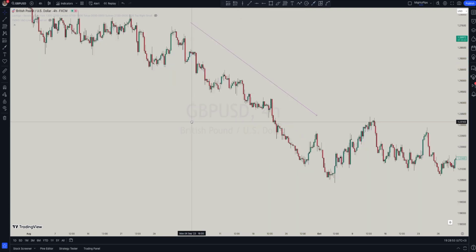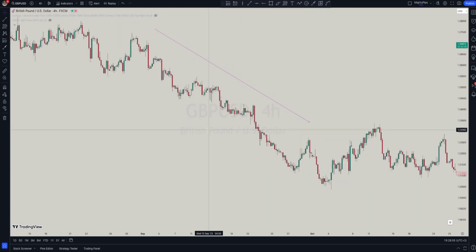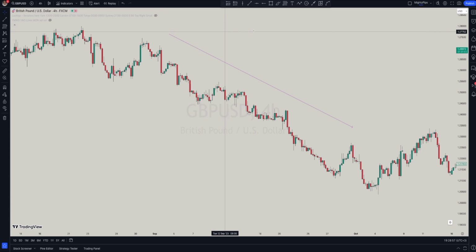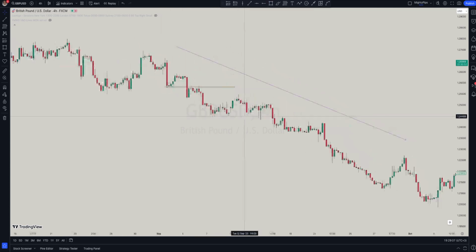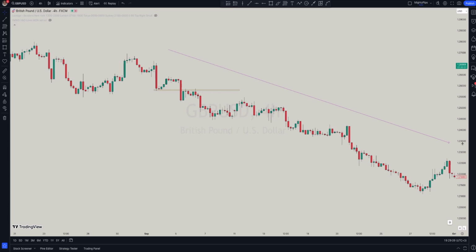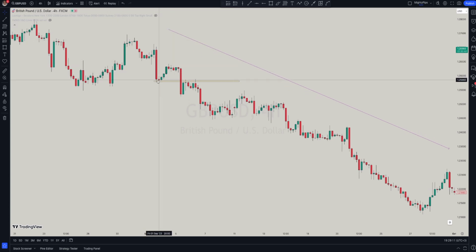What you do is you mark your lows. For example, here on the 4-hour chart, you mark this low. Zoom in so that you guys can see. Just make sure you mark this low and wait for the market to break that low.